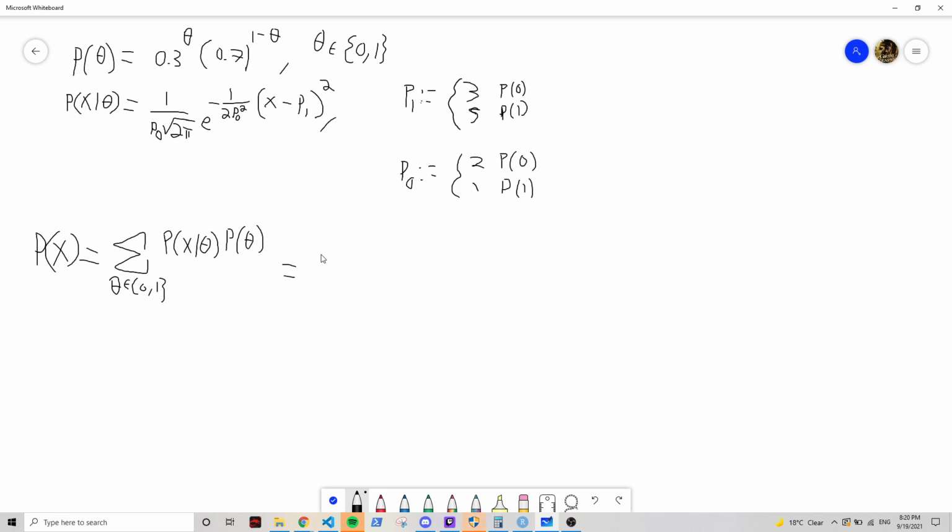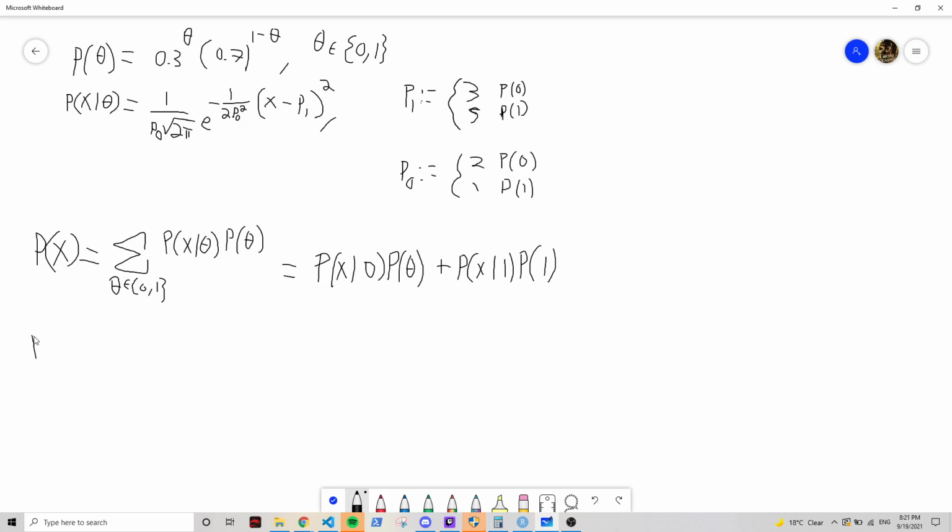So this is p of x given 0 times p of 0, plus p of x given 1 times p of 1.